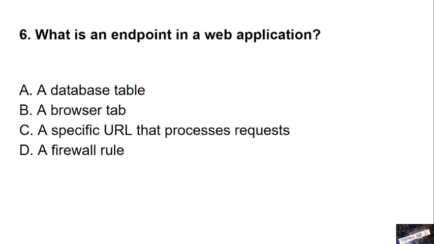So we move on to question 6. What is an endpoint in a web application? So if you have a web application, what is called an endpoint there? Is it a database table, a browser tab, a specific URL that processes requests, or a firewall rule? What is your answer?